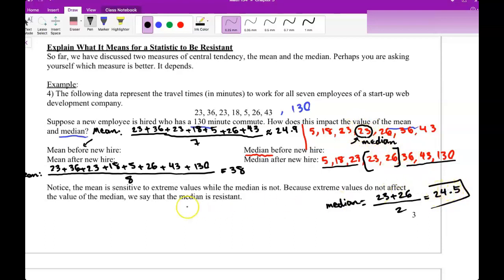It's not that much. Mean is sensitive to extreme values while median is not, because extreme values do not affect the value of the median. What that means is median is resistant.